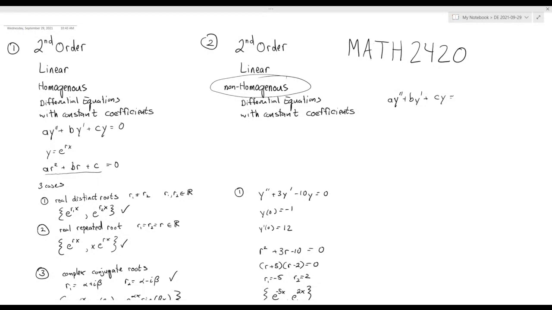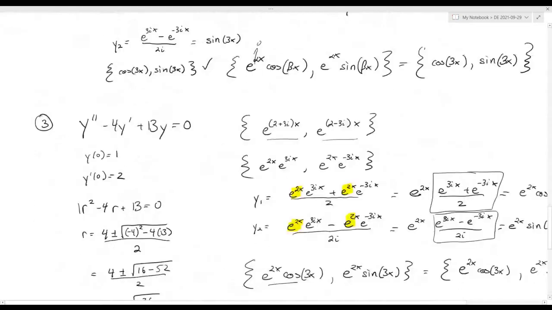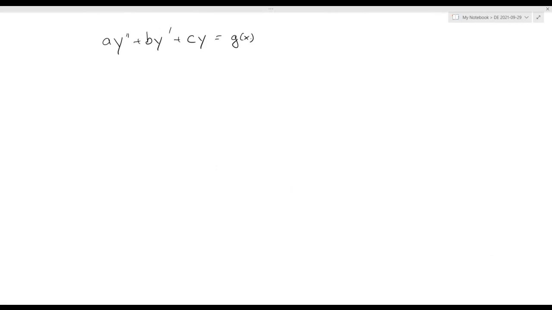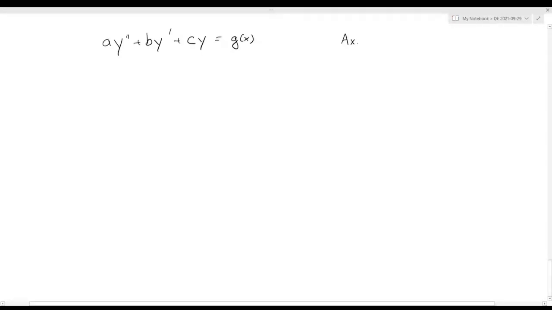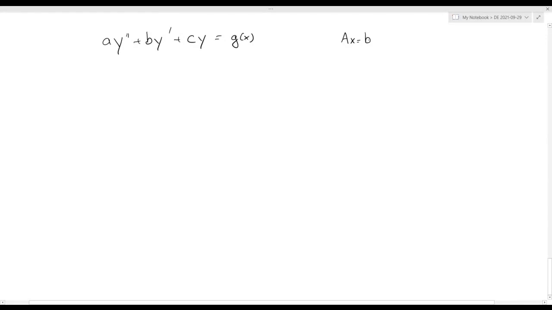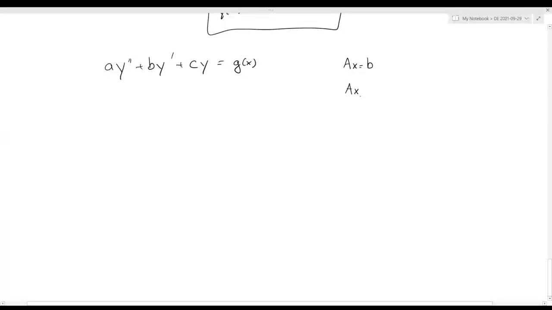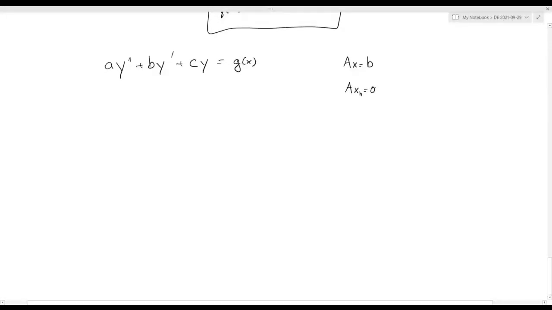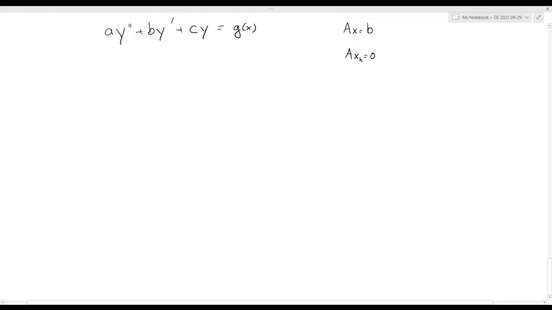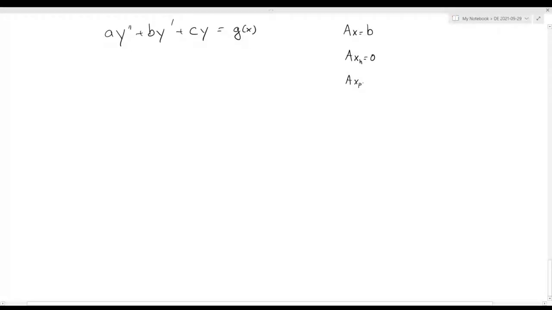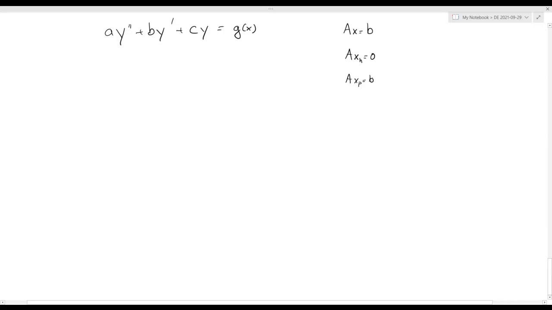Okay, so maybe I can start that. Now the right-hand side is not 0; it's some function of the independent variable, which I'm calling x. Remember that this is very analogous to how we solve matrix equations in linear algebra, Ax equals b. We found that any solution can be written as a solution to the homogeneous version, where the right-hand side is the 0 vector, plus a particular solution to the original non-homogeneous equation.